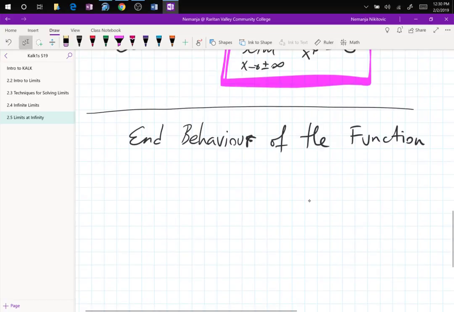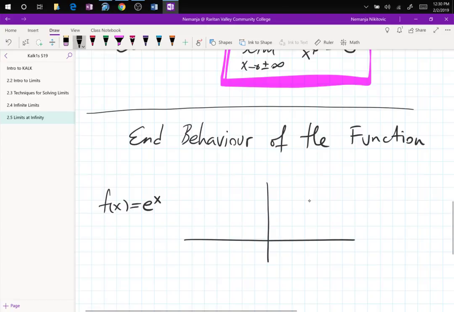I will start with an example and then give you the rules. So we had our good old f of x equals e to the x. And I draw e to the x here, going through 1.